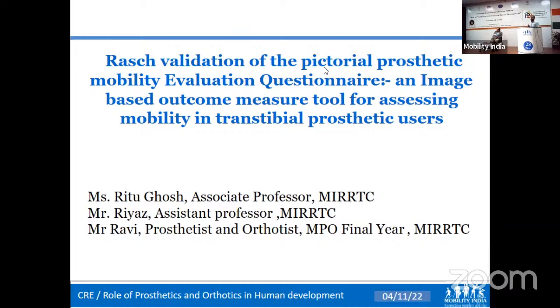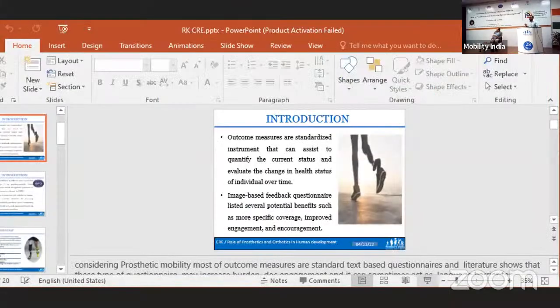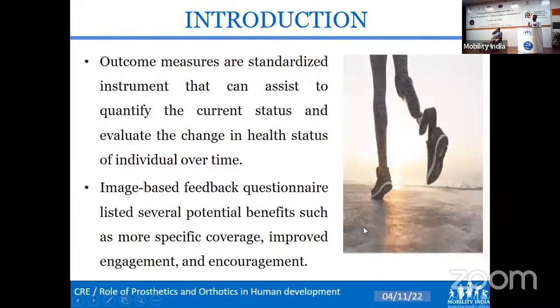But these are all standardized text-based questionnaires, and recent studies suggest that text-based questionnaires can lead to less engagement, or sometimes act as a language barrier for participants. Not everyone knows English.